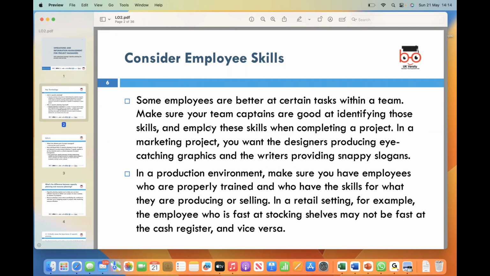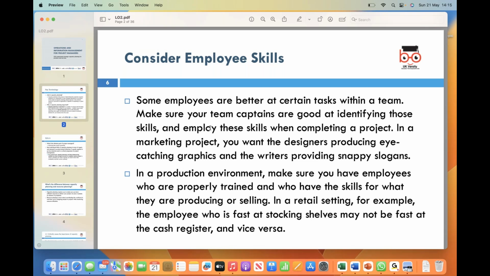On the other hand, writers should be responsible for crafting snappy and attention-grabbing slogans that effectively convey the brand's message. By leveraging the skills of each team member, the marketing project can truly flourish.